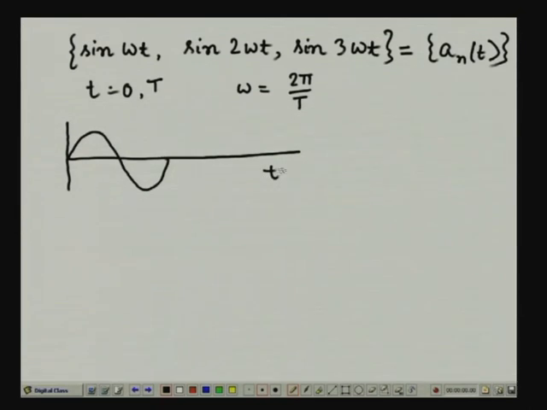So, this is t, this is sin omega t, and this is the time period capital T. If I plot sin of twice omega t over this same diagram, it will be something like this.